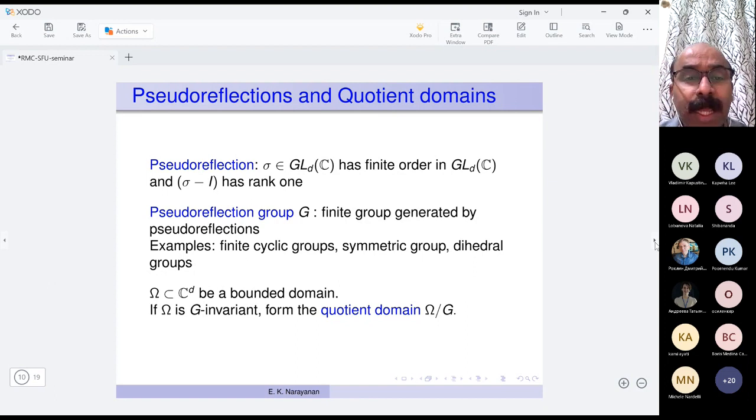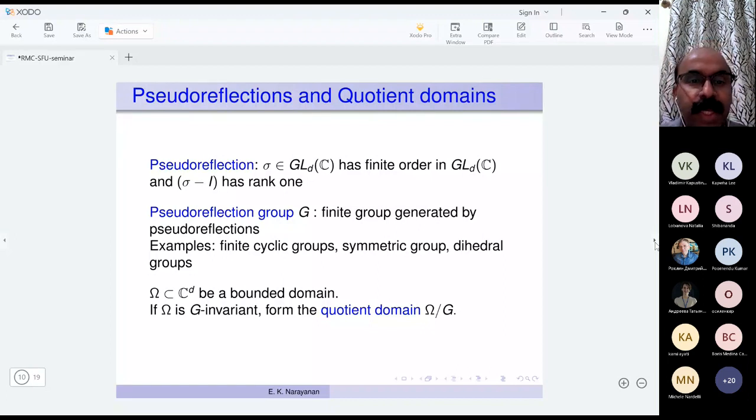So direct methods sometimes fail. If you look at the proofs for the polydisk or the unit ball and so on, the boundary played an important role there, or the homogeneity of the automorphism group played a role. Those things fail in quotient domains. So we look at quotient domains.